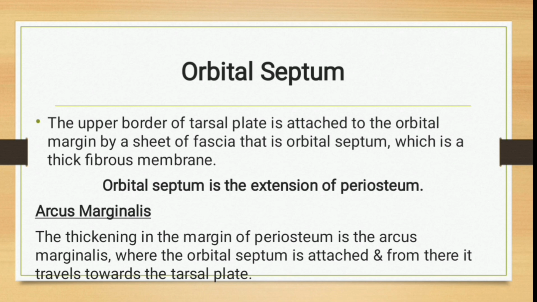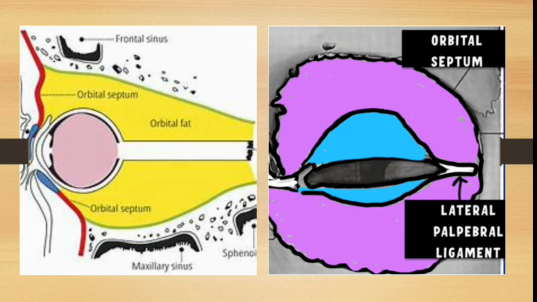I'll explain this over here. You can see that this blackish structure is the orbit. Overall, this is the bony structure. This tarsal plate is attached to the orbital margin, right? So how is the tarsal plate attached to the orbit?